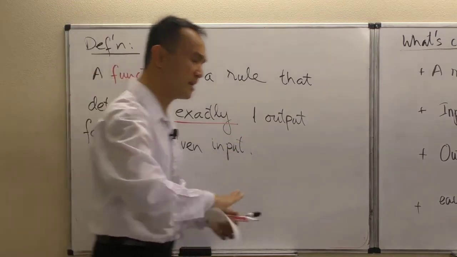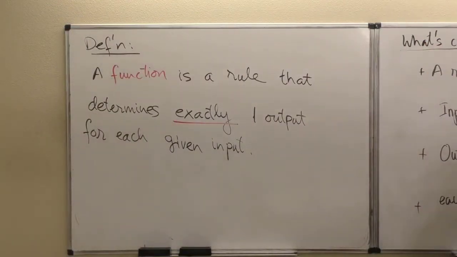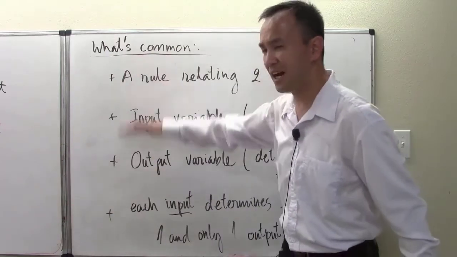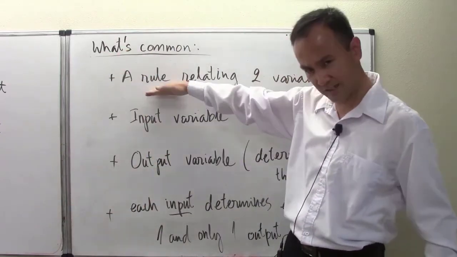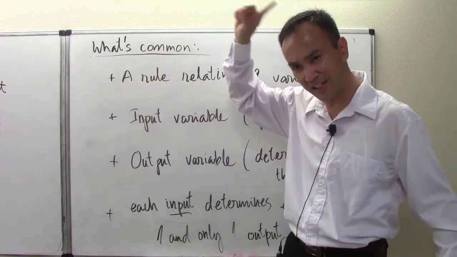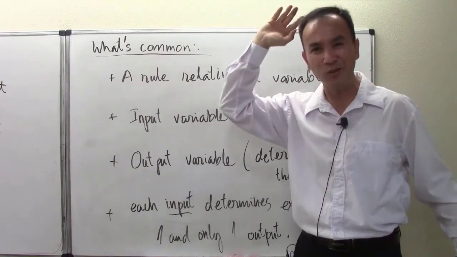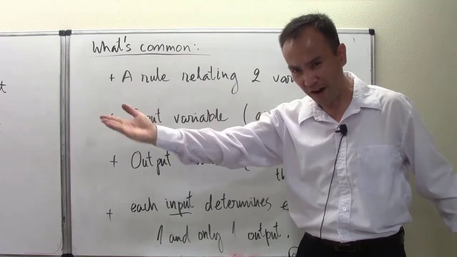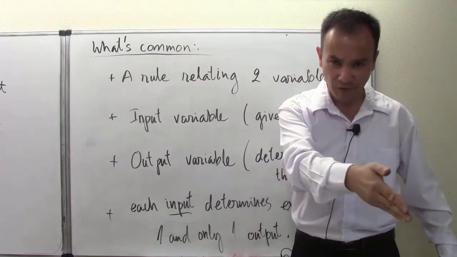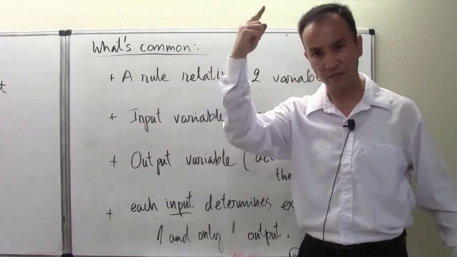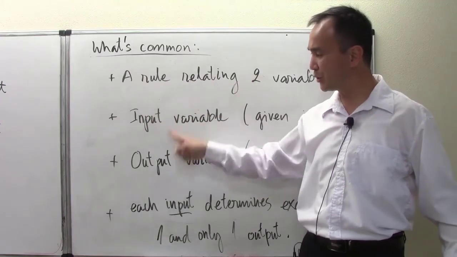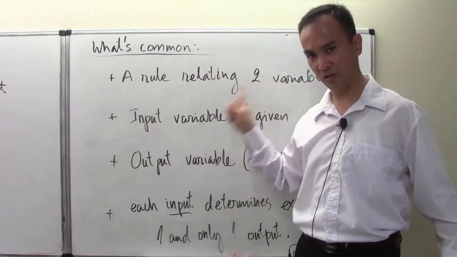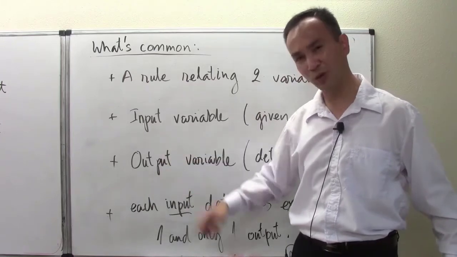So that's why, back on the list that I listed down, what's common among the 3 examples is yes, there's a rule. The first thing to nail down anytime we hear the term function, hey, we have a function to work with. Think of a rule, and that rule will be relating to variables. One of them we call inputs, the other one we call outputs.